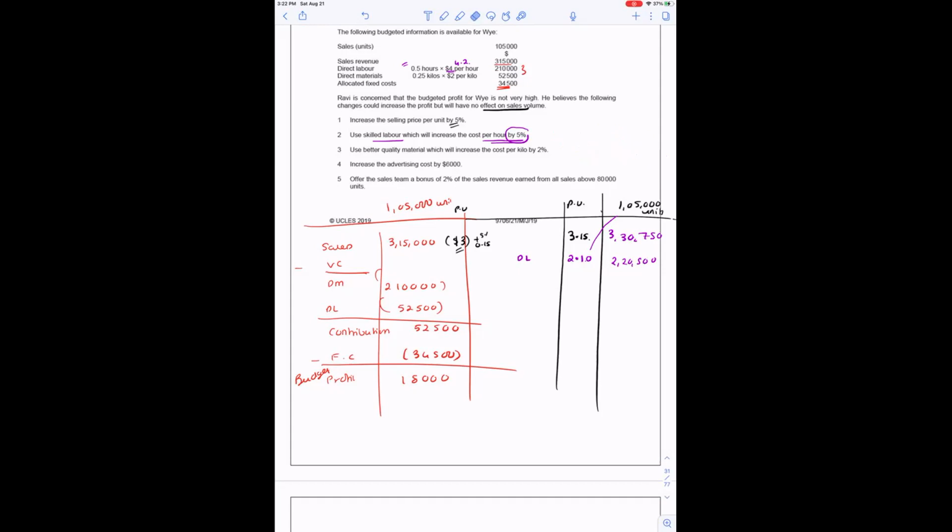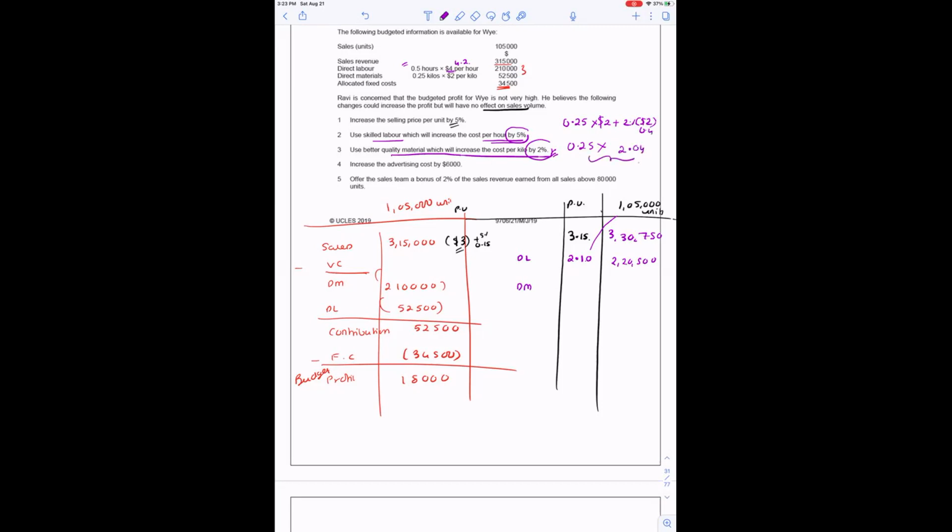Let's see about direct material. Use better quality material, which will increase the cost per kilo by 2%. I have 0.25 kilo per unit. It will be $2 plus 2% of $2, which is 0.04, so it will be 2.04 per kilo.